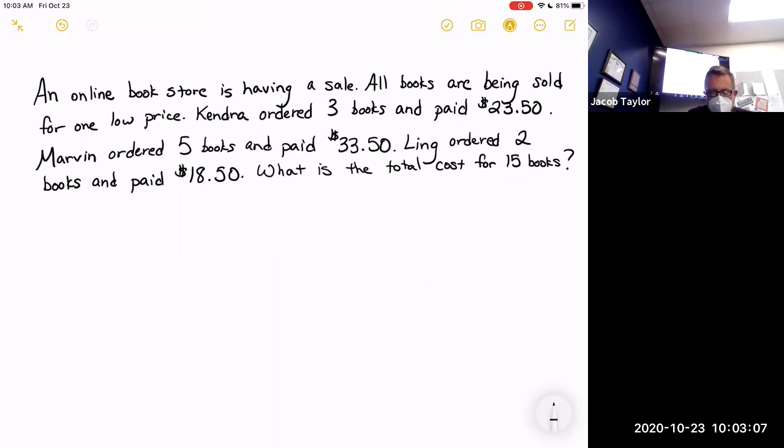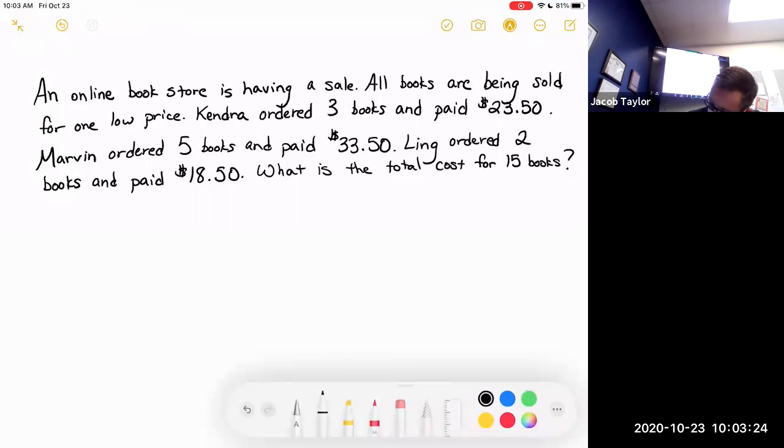So at first glance, this problem looks like it's not related at all to the problems that we were just doing, but you can turn all of this information into coordinates.